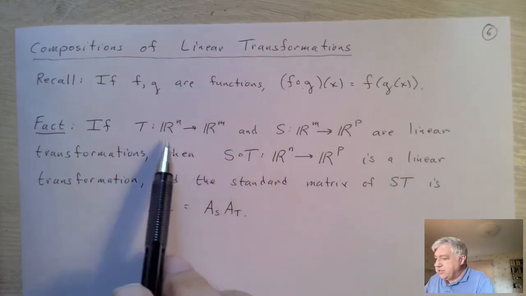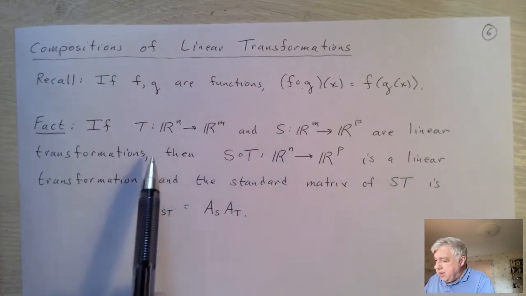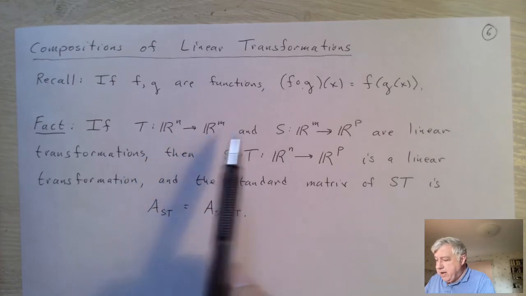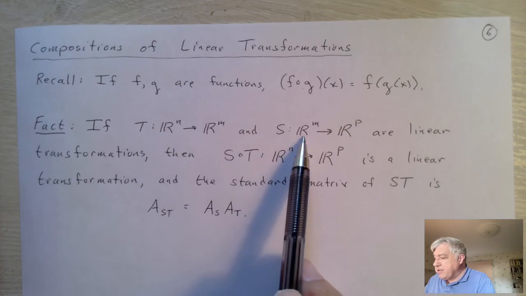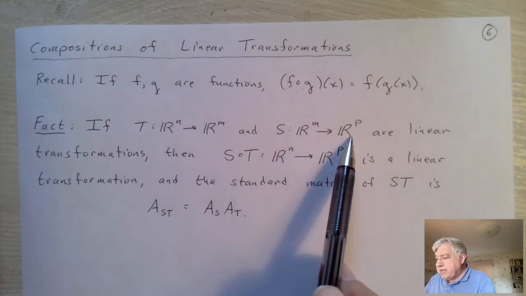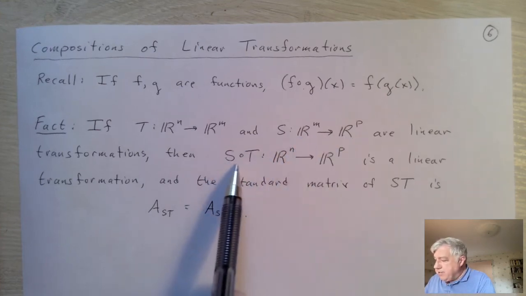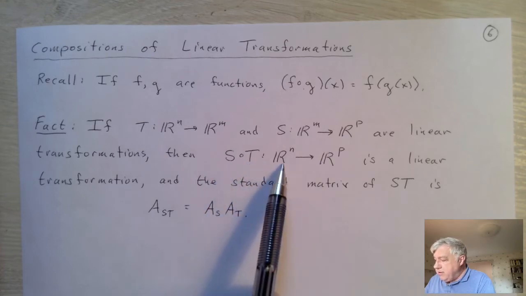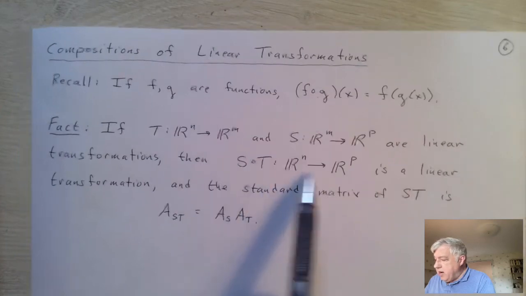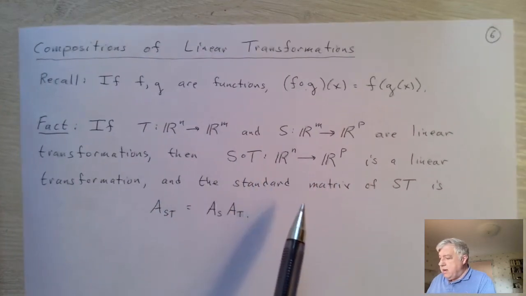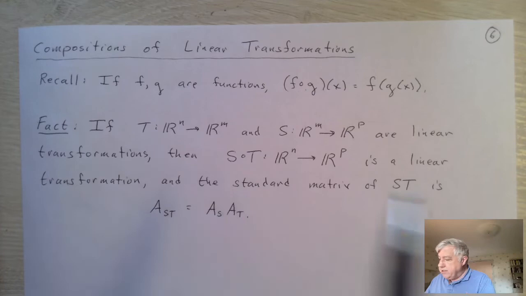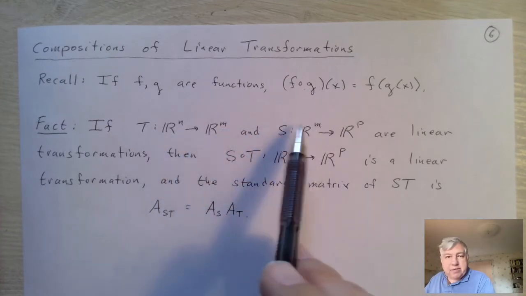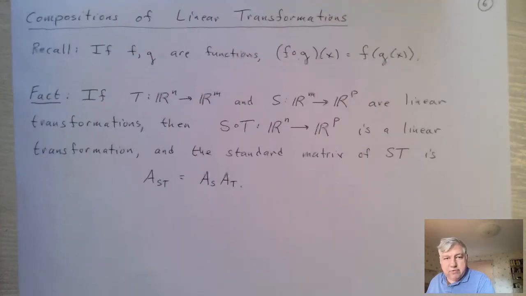If T and S are linear transformations, where T takes vectors in Rn and sends them to Rm, and S takes vectors in Rm and sends them to vectors in Rp, then their composition S composed with T takes vectors in Rn and sends them to Rp. Obviously, these numbers have to match for this to make sense.